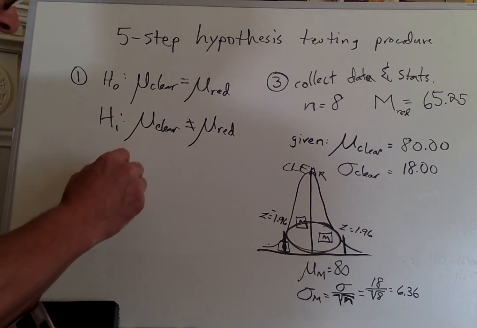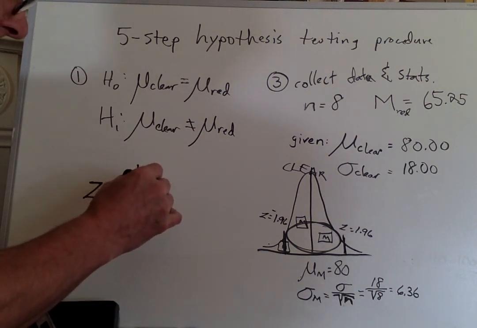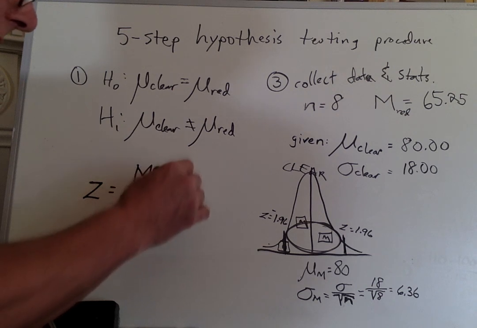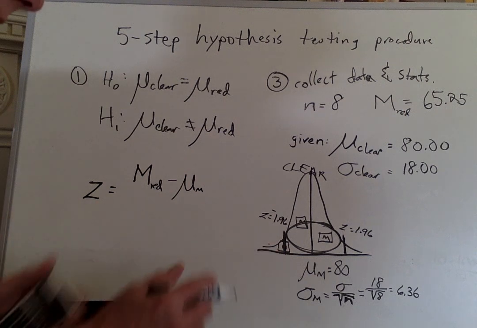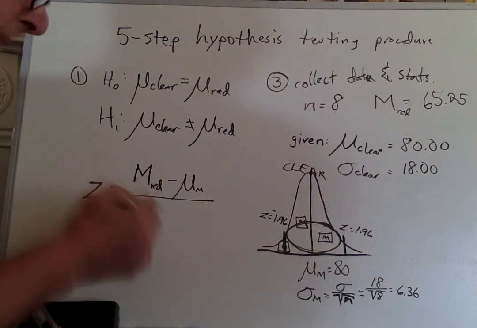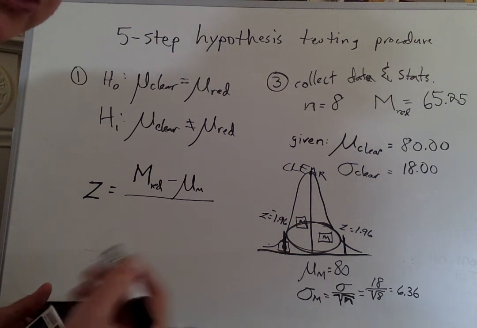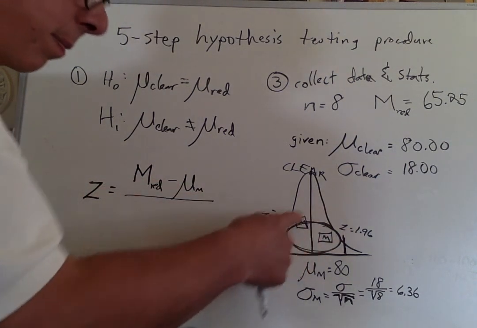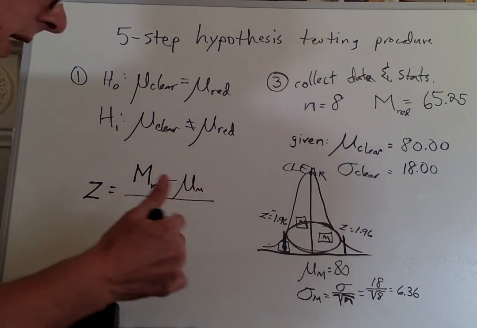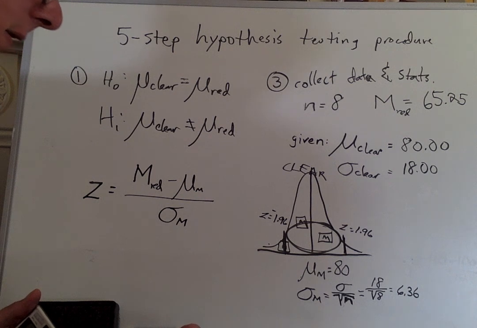I'm going to compare my red group to the clear, because just because we subscript this with red, I don't want to presume that it had an effect. So I'm going to say, does this mean looks like it belongs here or not? And then I'm going to divide by the standard error.